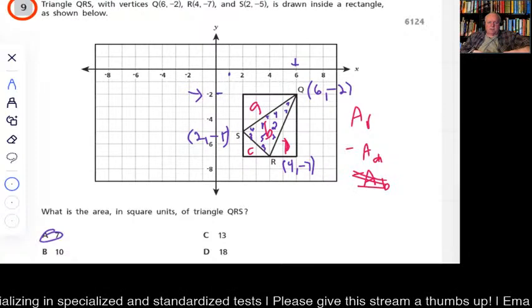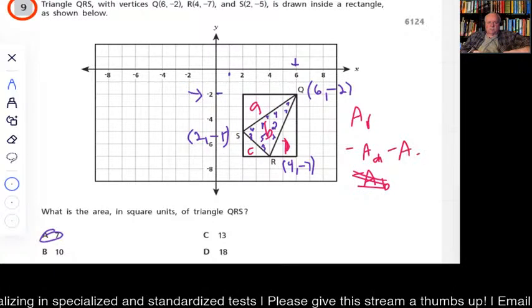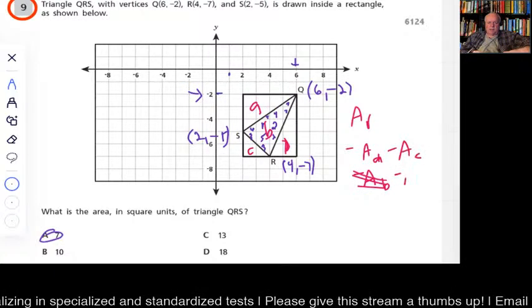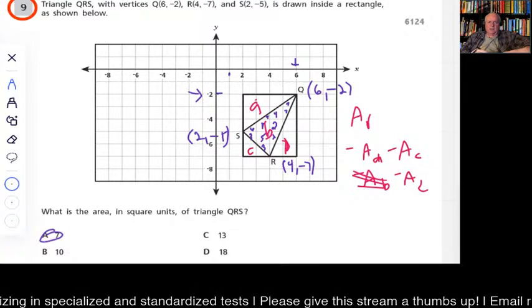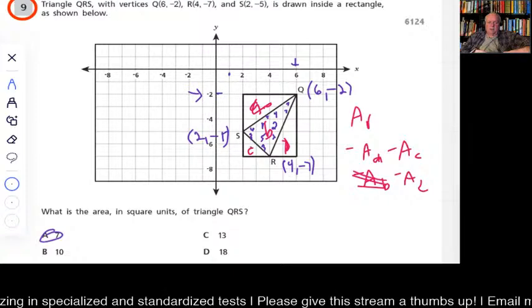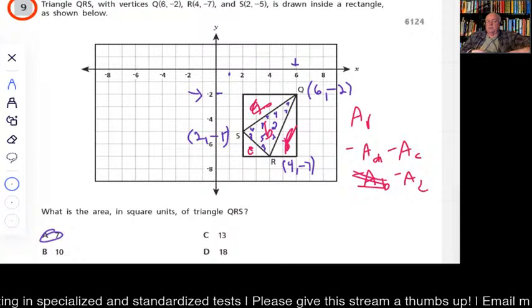Subtract from that the area of C, and subtract from that the area of triangle D, right? So if we get the whole rectangle, and we get rid of here, here, and here, then we're left with the area of the inside triangle, okay?